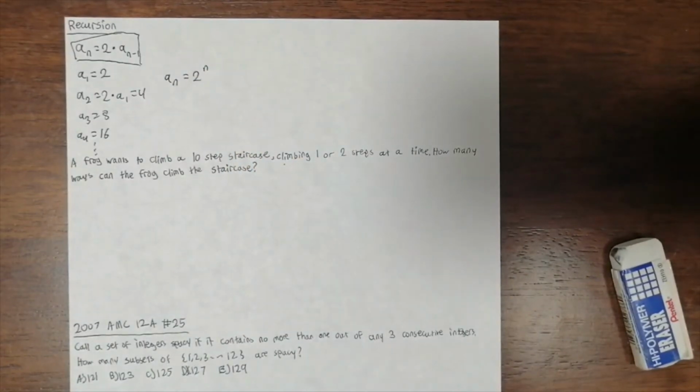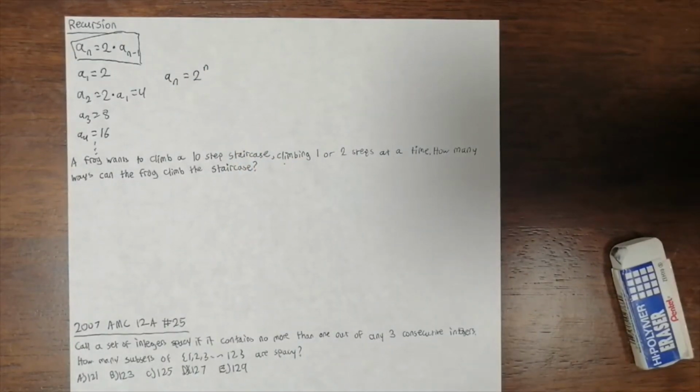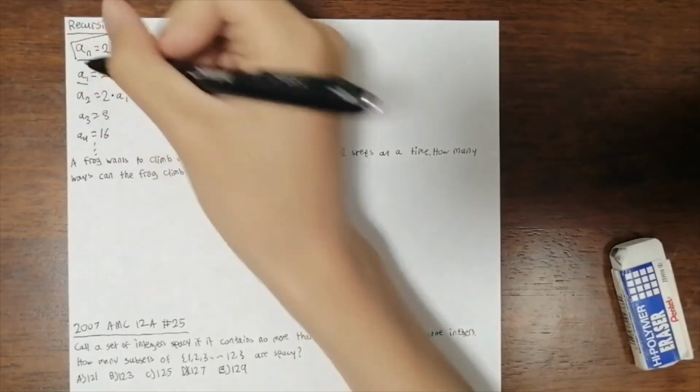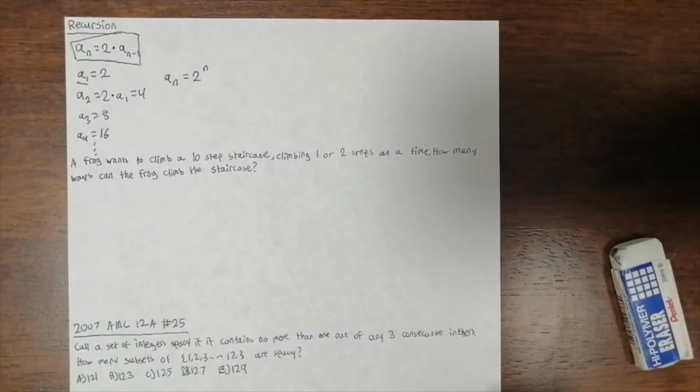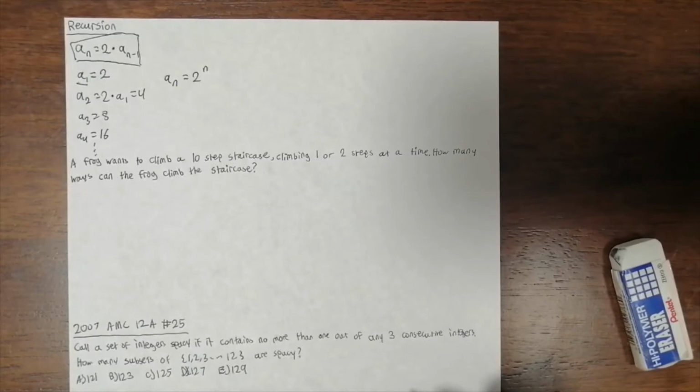And this could be trivially proved using induction. So what this means is that the nth term of the sequence a is equal to 2 to the power of n. So for example, a sub 1 is equal to 2 to the power of 1, which is 2. a sub 2 is equal to 2 to the power of 2, which is 4, and so on.